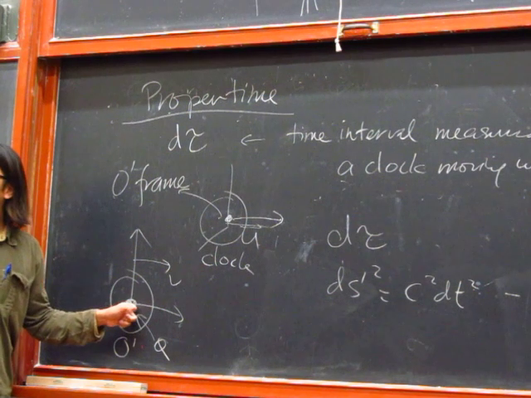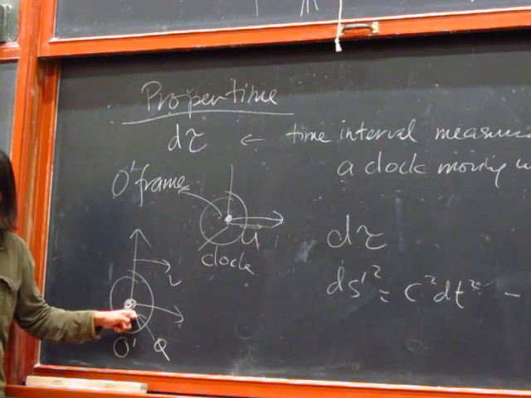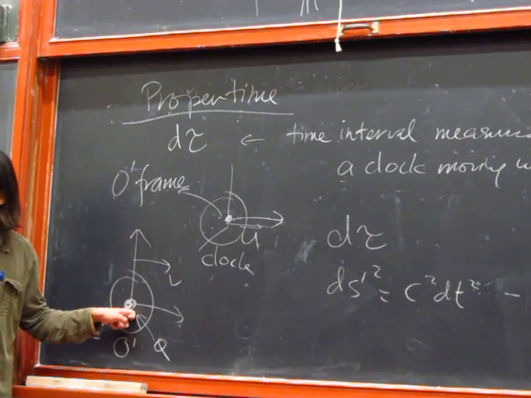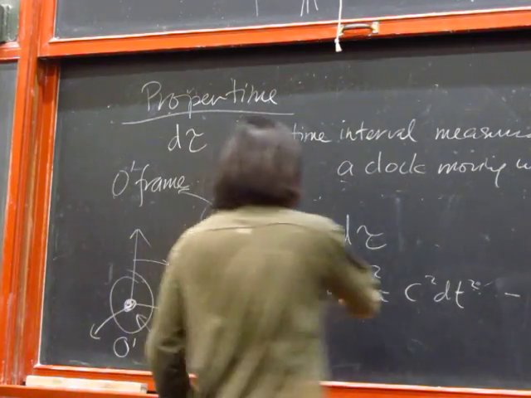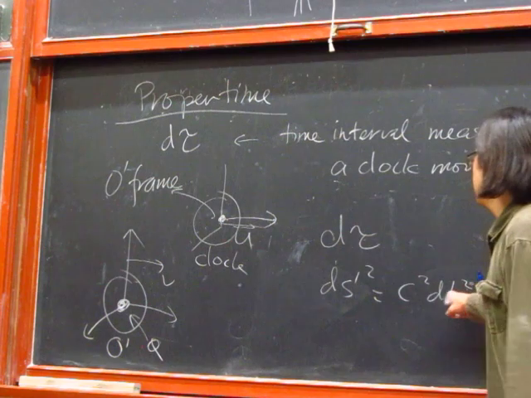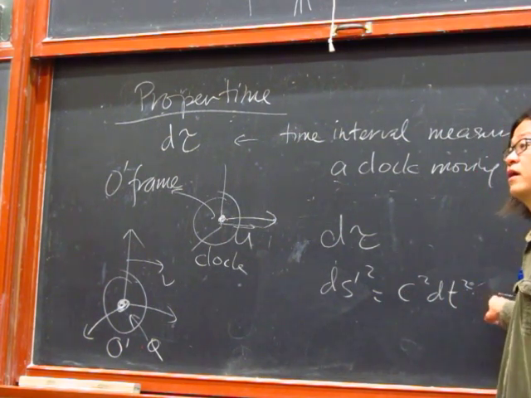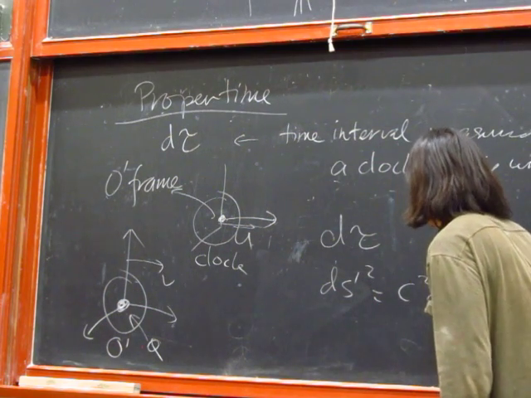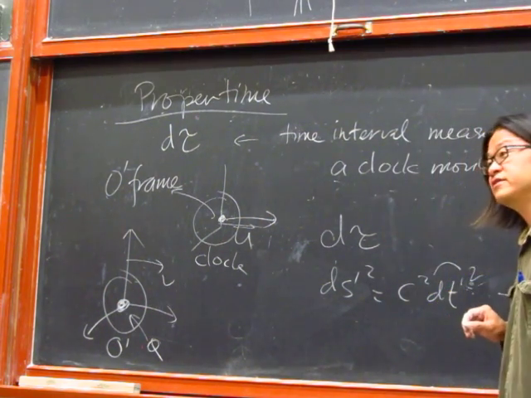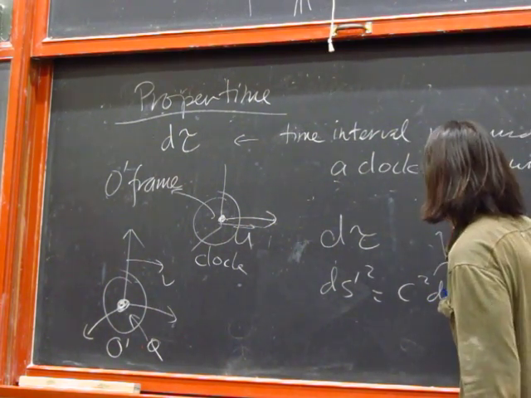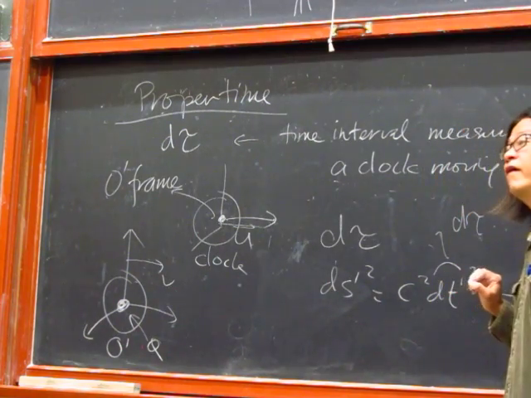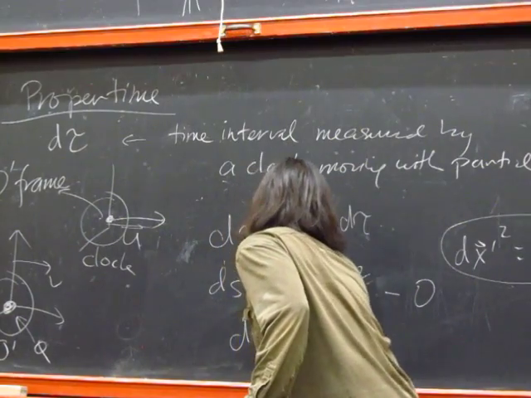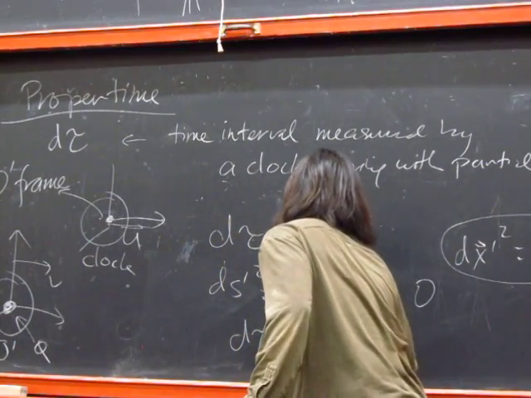Then according to this frame, delta x is 0, delta x prime is 0, right? So what I have is ds squared is just c squared delta t prime squared. But there is a special name for this delta t prime. It's called tau.